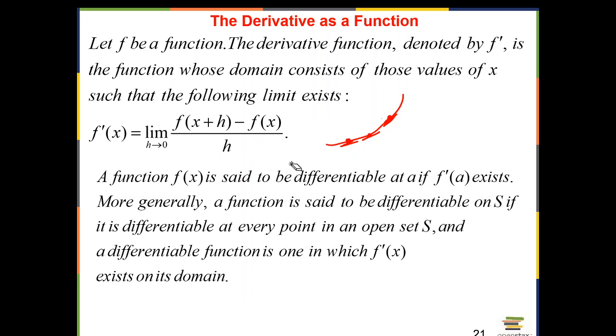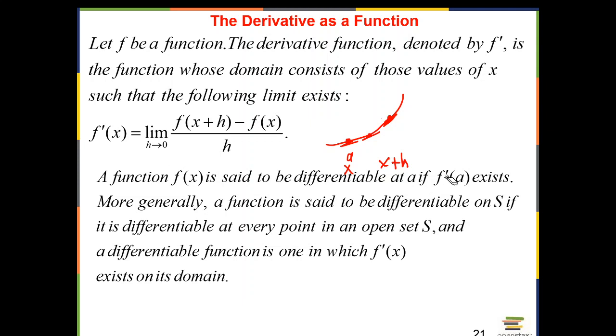So to do that, instead of calling this first point A, I'm going to just call it X. And we're going to call the next point X plus H. So our slope of the secant will look like this, and the limit of it. So a function is said to be differentiable at a if f prime at a exists, right?